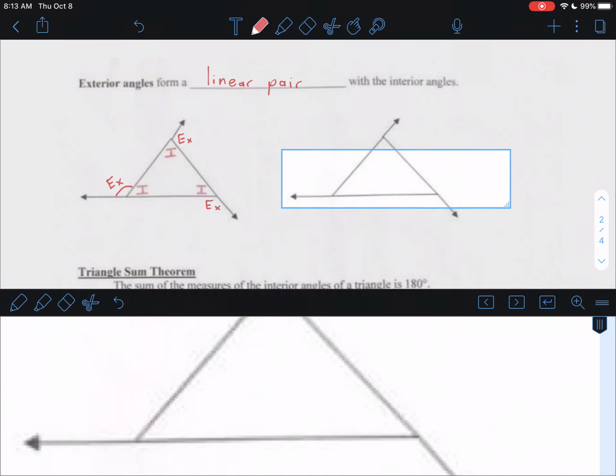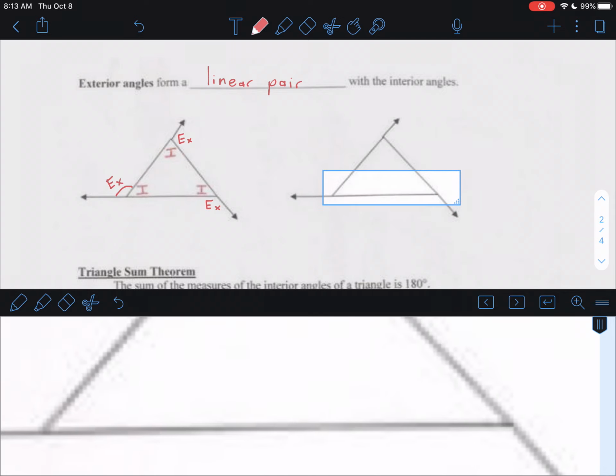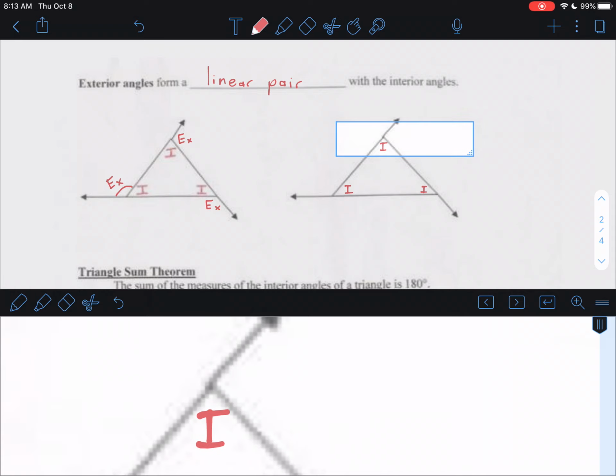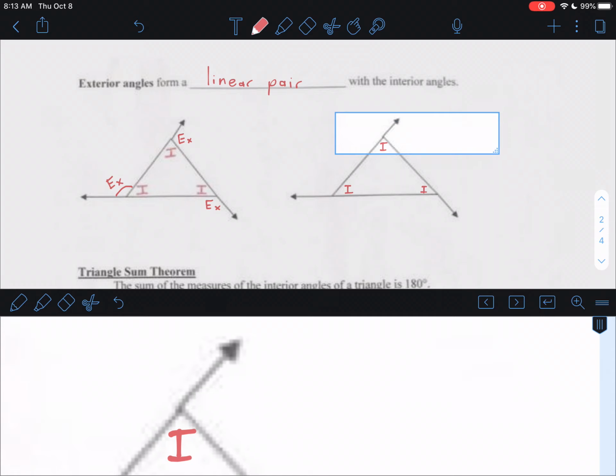And on this triangle over here, I'm going to go ahead and label the interior angles just like it did there. And the exterior angles, but I'm also going to continue this side of the triangle to both sides.